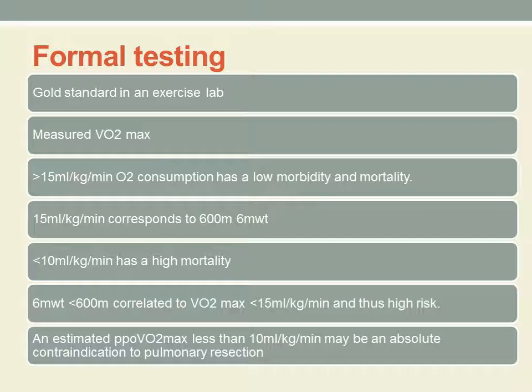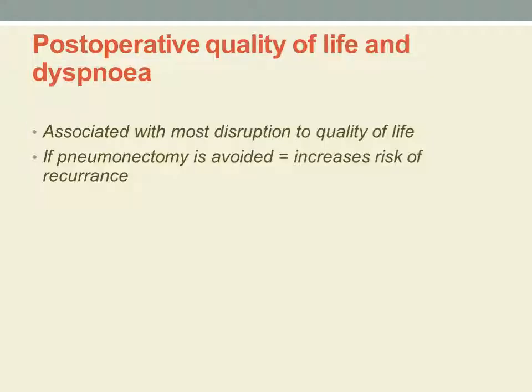The formal testing includes the gold standard exercise lab measuring VO2 max, the 6-minute walk test, and estimated PPO. A VO2 max less than 10 milliliters per kg per minute may be an absolute contraindication to pulmonary resection.